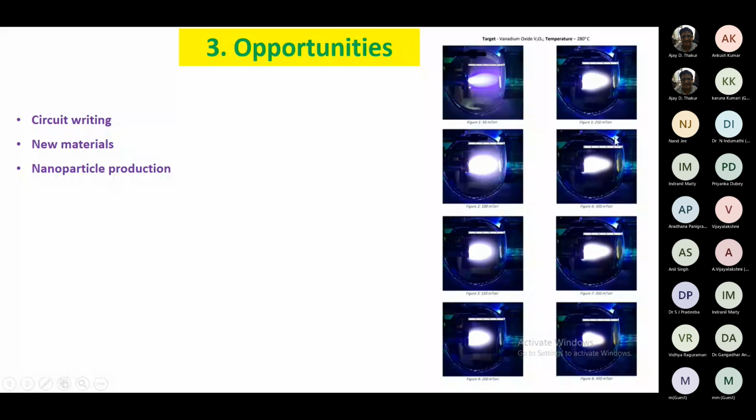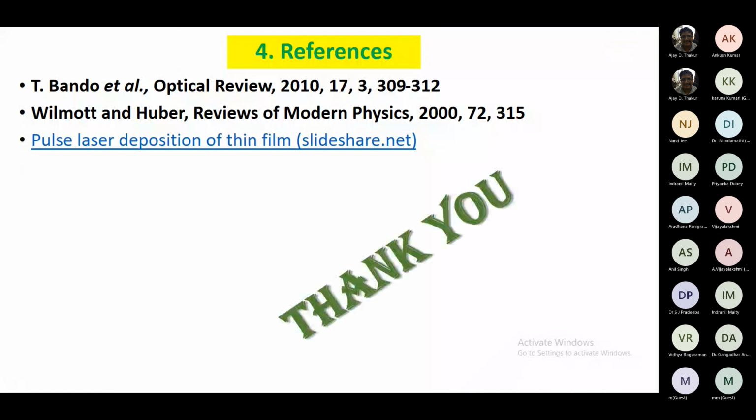When we vary this oxygen pressure, the plume shape and the wave front of the plume are different for different pressures. So a different type of growth will be formed by tuning the oxygen pressure. That is all I have prepared for this.